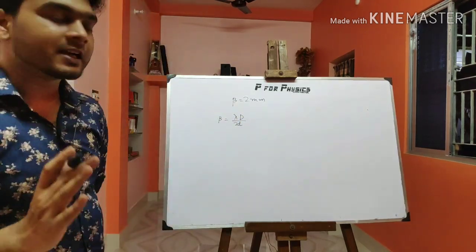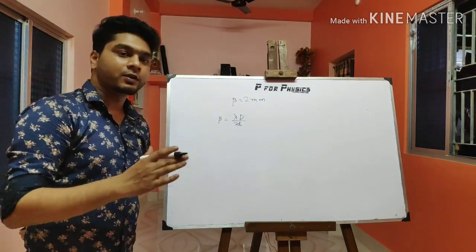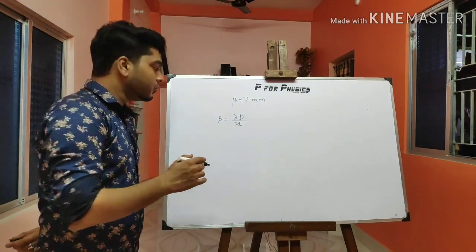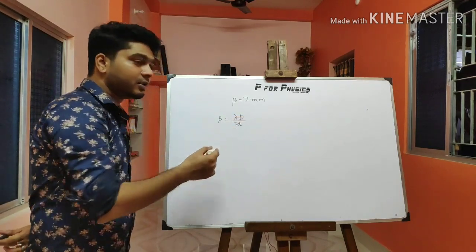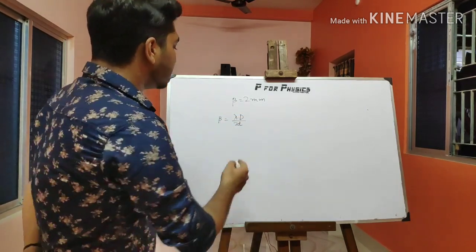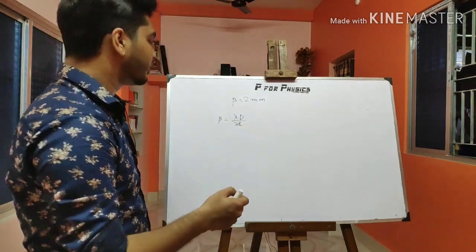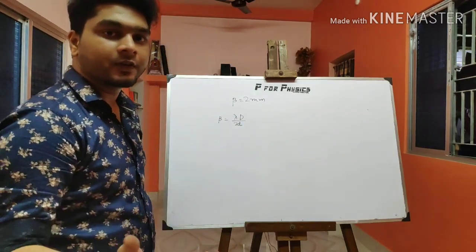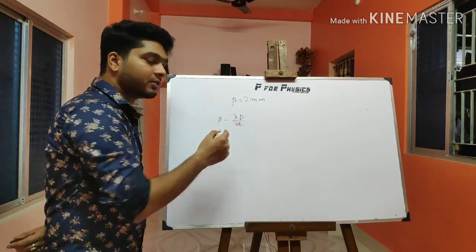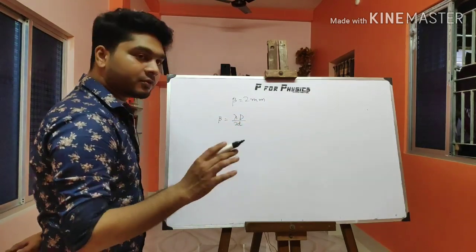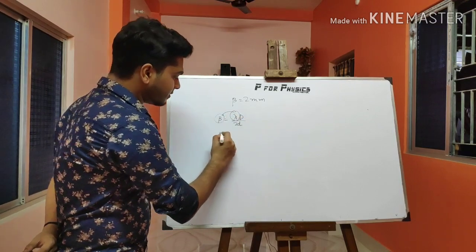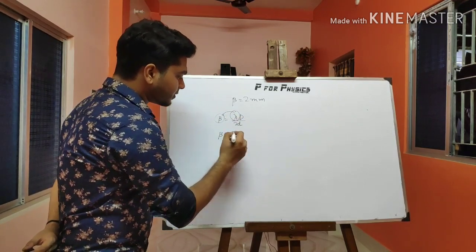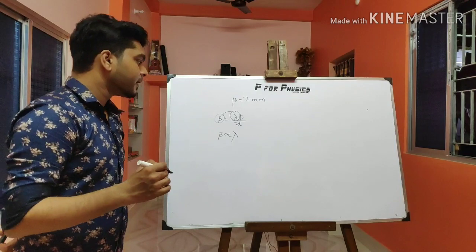So now think, if we put this whole thing inside water, which one of these will change? The distance between the slit and the screen, the distance between the slits, or the wavelength? Obviously the wavelength, because these two are unchanged. So we need to see the relation between beta and wavelength only, which is beta is directly proportional to lambda.